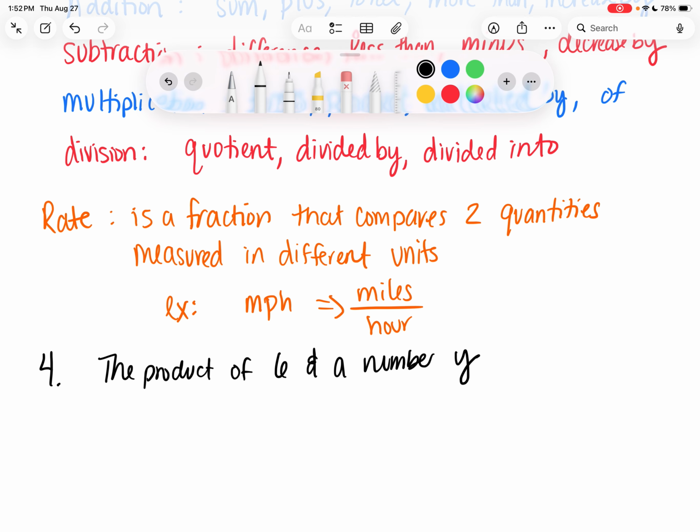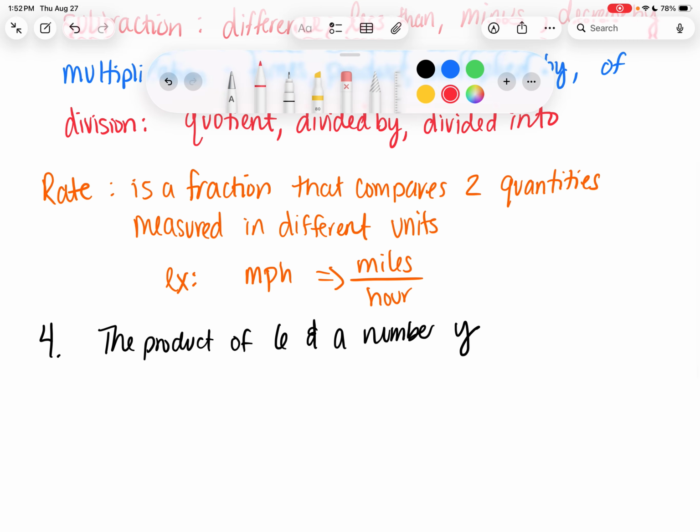So if you see product of, what does that tell us that we're going to be doing? Yep, multiplication. So product of 6 and a number y is just 6 times y. Anytime we have a number and a variable, we don't actually have to put the multiplication symbol. Just them touching tells you that it is multiplication. But if you want to put the little multiplication symbol in there, you can.